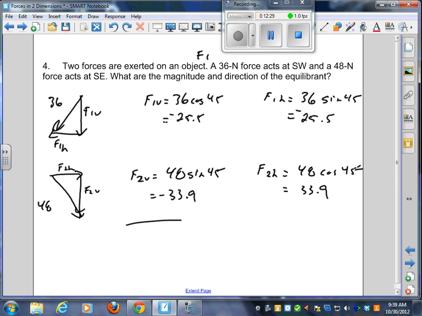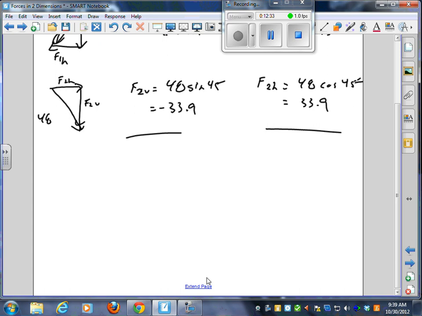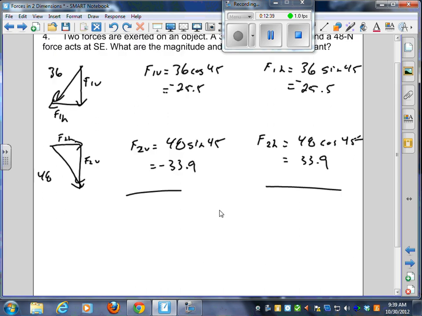So that makes my, now, should I do resultant and then equilibrium, or can I go straight to equilibrium? I think that seems hard, doesn't it? Let's just go resultant here. So resultant V is going to be minus 25.5 minus 33.9.